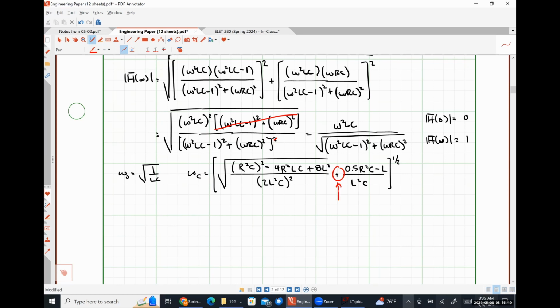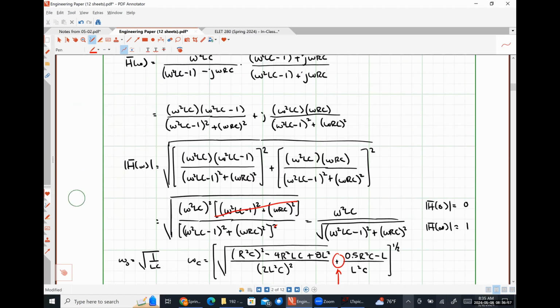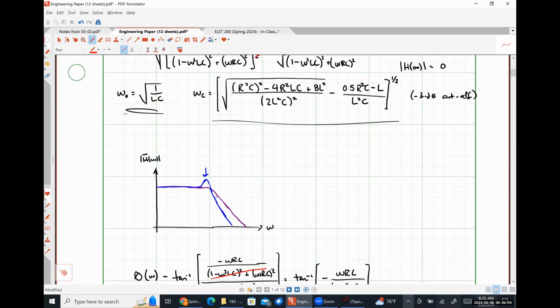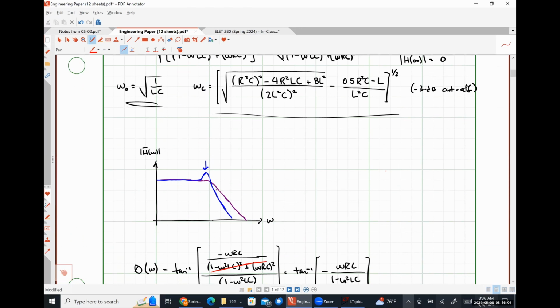Everything else is literally identical, just the sign on that second part changed. Let's see if contextually that makes sense. So if we look over here for our 3 decibel cutoff frequency for this kind of graph, it's going to be slightly after the resonant frequency, right?